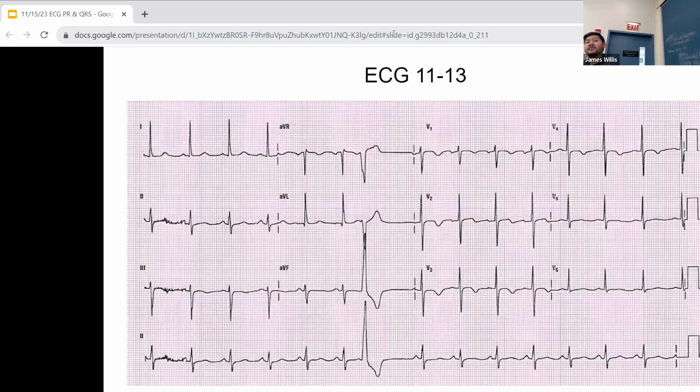Someone says right heart strain. What makes you say right heart strain? And there's a tall R wave in V2, right? Yeah, it could be on the differential. What else is on your differential?